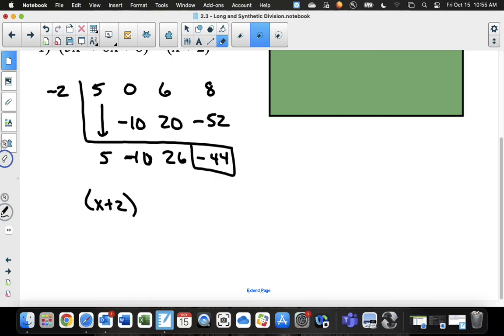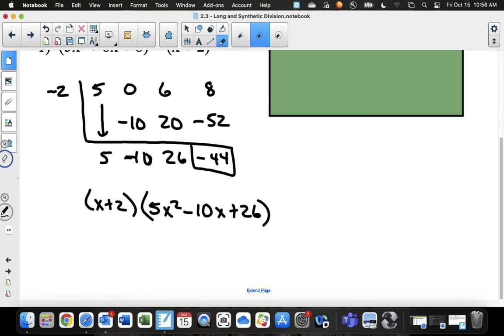Which means, if that was a 0, if this was a factor, the other factor would be 5x squared minus 10x plus 26. If that was a 0, okay, it's not, and there would be your factored form.